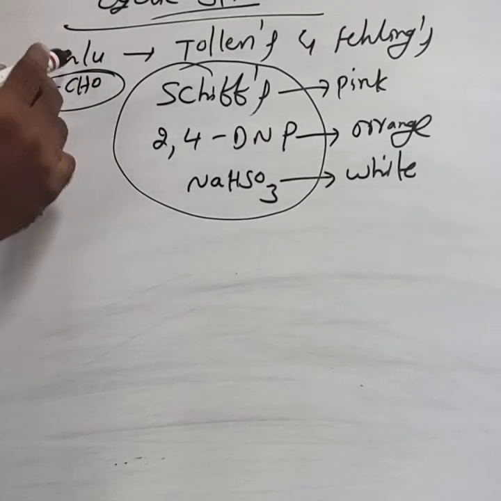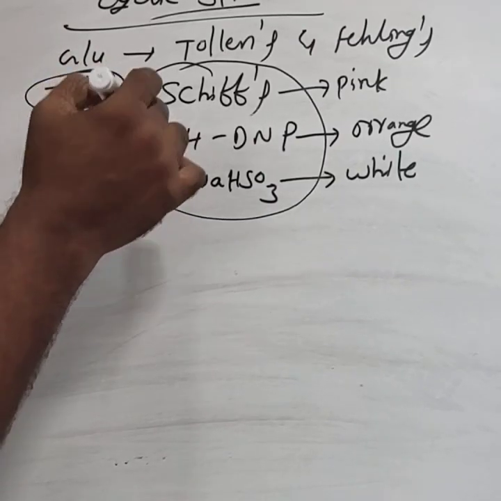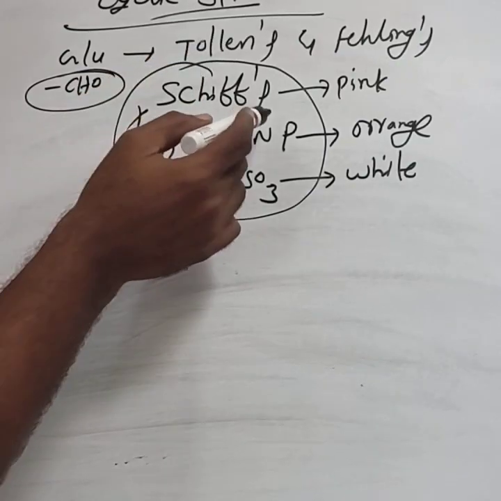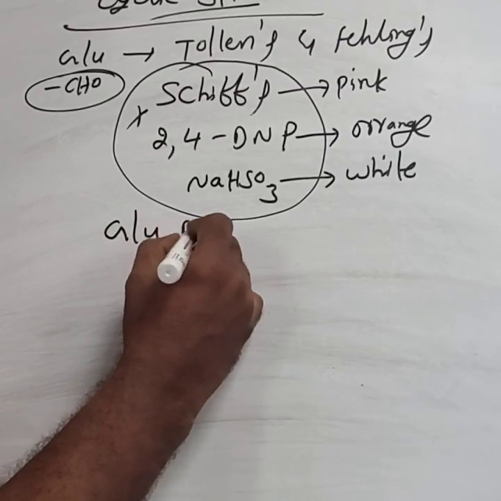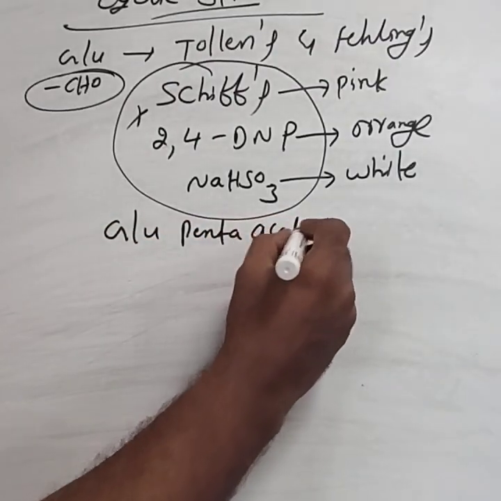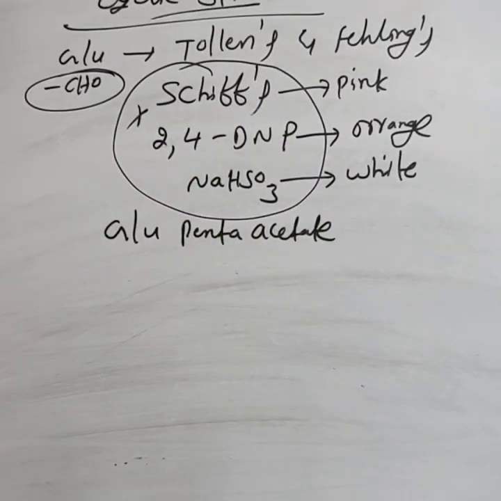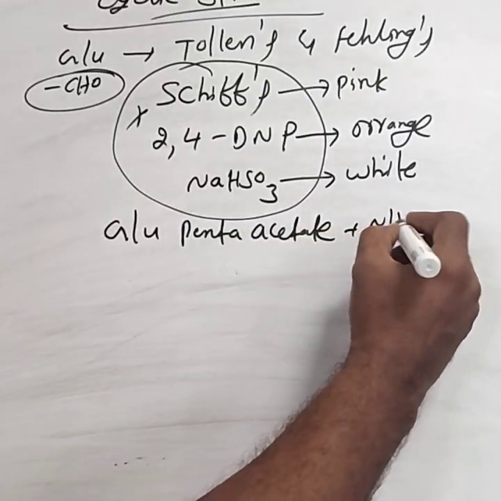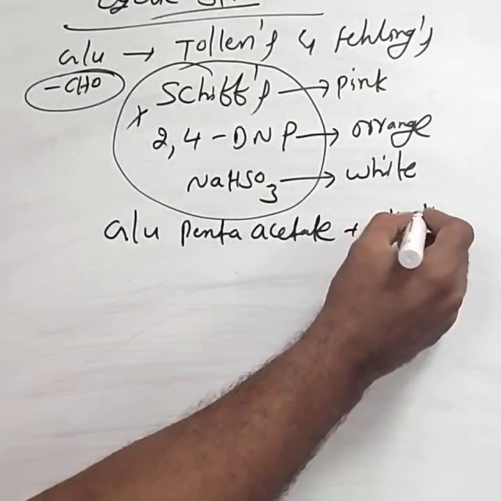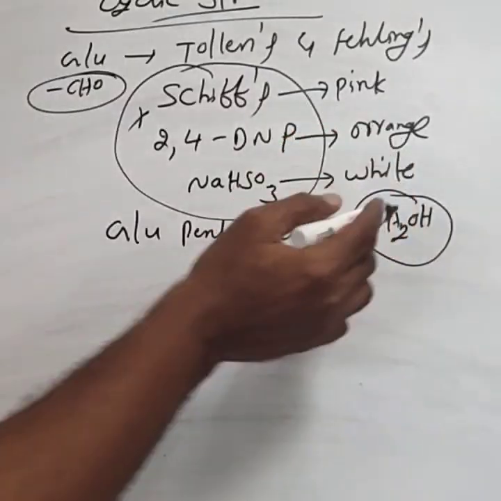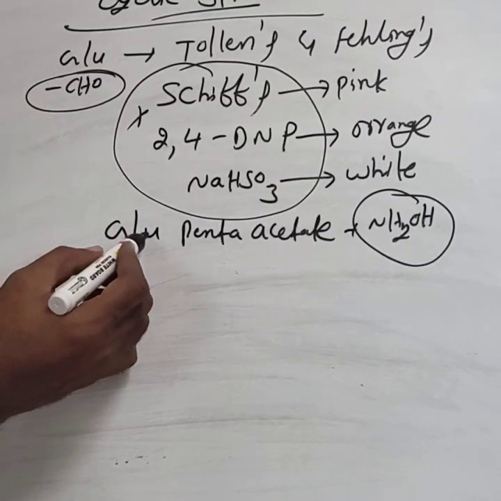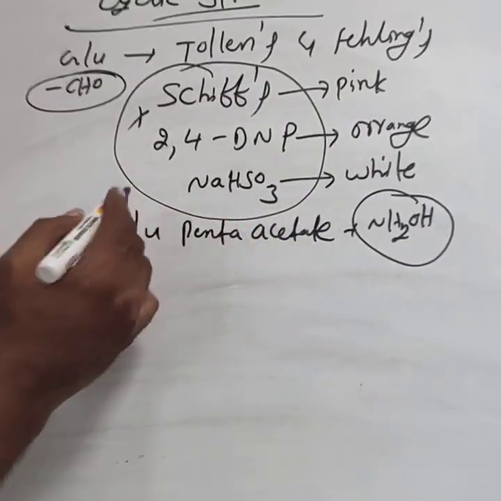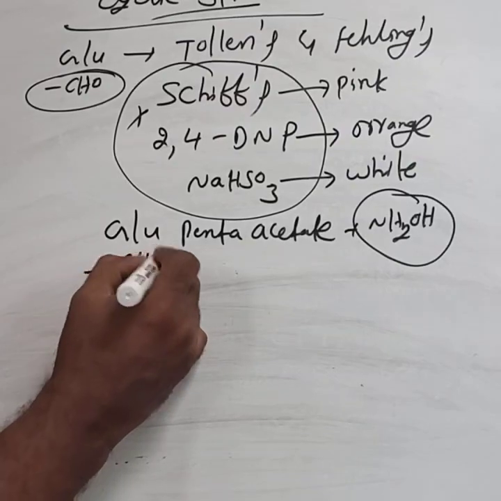Glucose, even though it contains an aldehyde group, does not answer Schiff's reagent, 2,4-DNP, or sodium bisulfite. And also glucose pentaacetate does not react with hydroxylamine. Glucose reacts with hydroxylamine, which is also a characteristic property of the aldehyde. If you take glucose pentaacetate instead of glucose, it retains the CHO group.